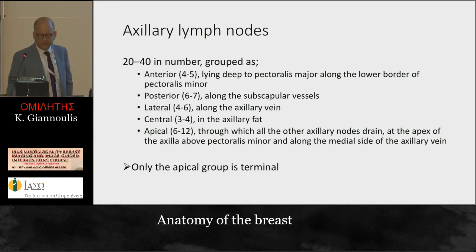The axillary lymph nodes number about 20 to 40, and they're grouped as anterior, posterior, lateral, central, and apical. The apical group is the terminal group situated at the apex of the axilla, just near where the surgeon can feel the ligament of Halsted.